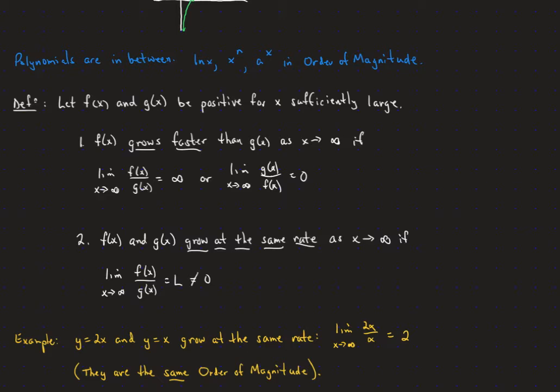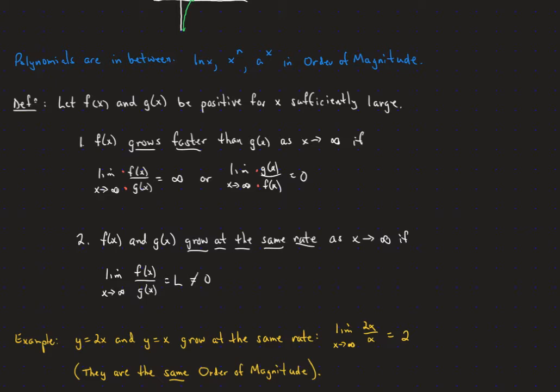If that goes to infinity, that means the numerator function is getting much bigger, much faster than the denominator function, and so f grows faster, or f is a higher order of magnitude function. If we switch the order and put the g on top, then if the limit goes to 0, that also makes us say that f is growing faster than g, or f is a higher order of magnitude function than g.